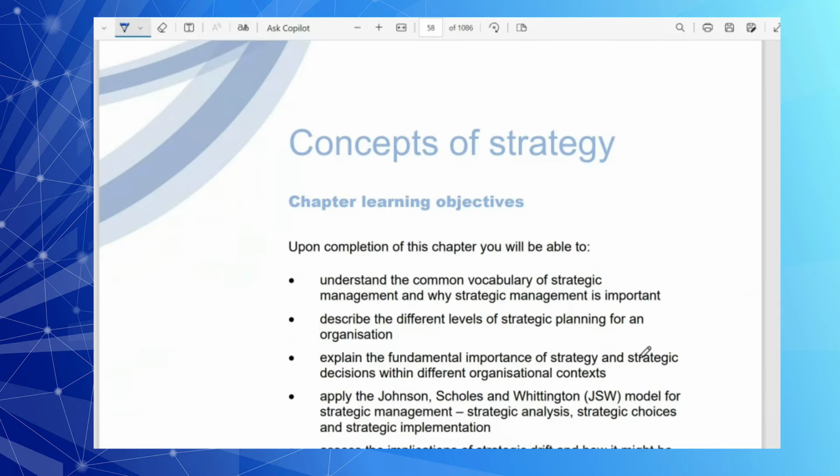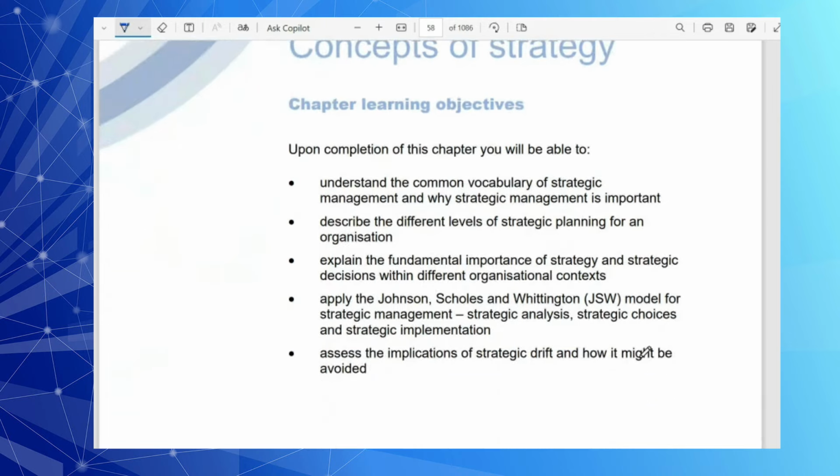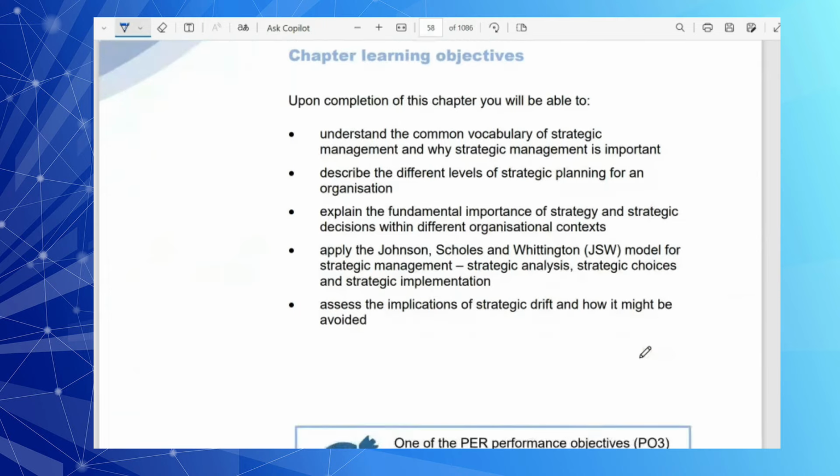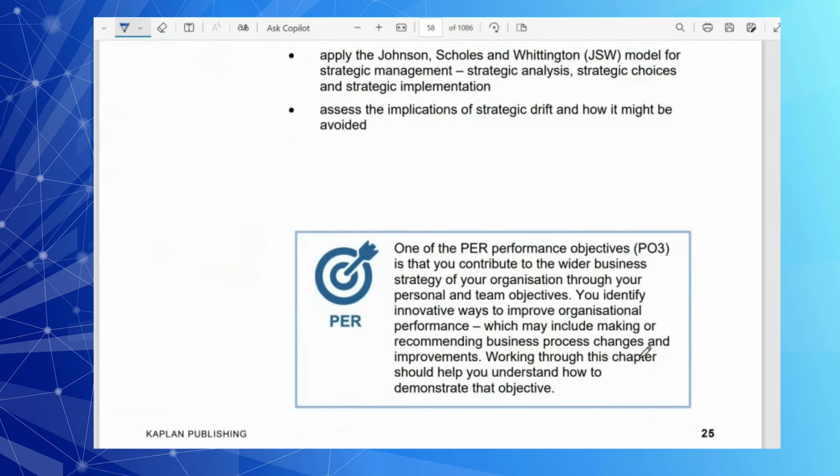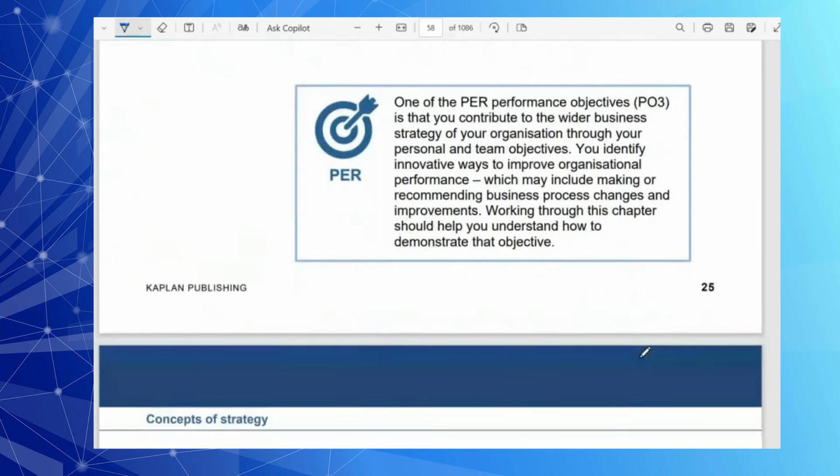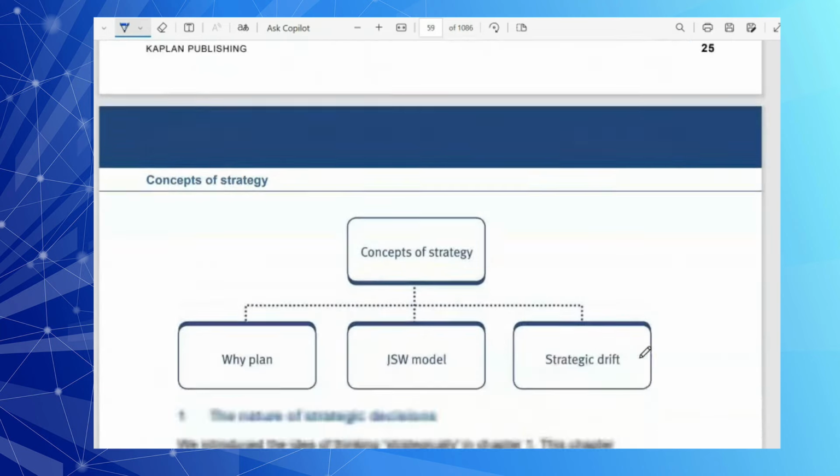If your company's strategy is to be in the international market, you have to design and make all possible contribution. This is the concept of strategy.